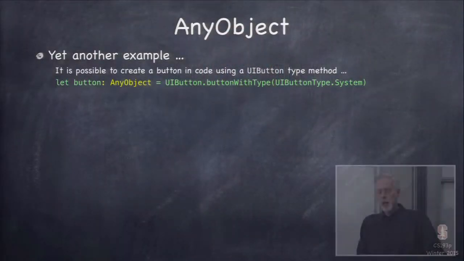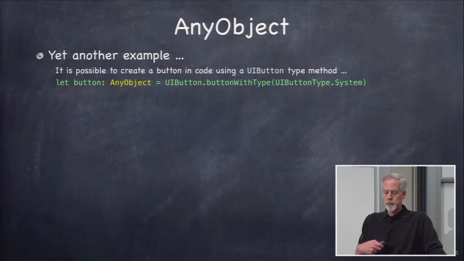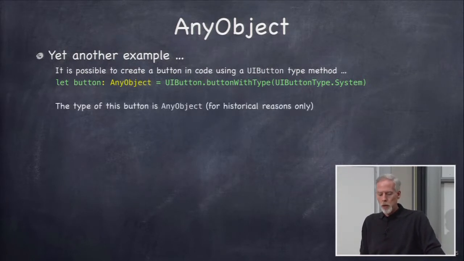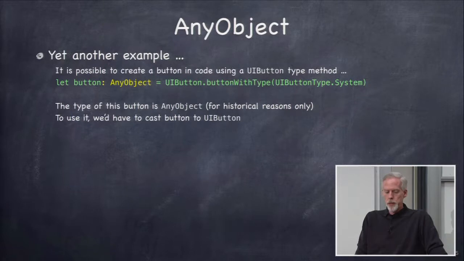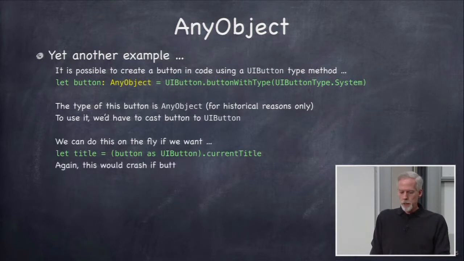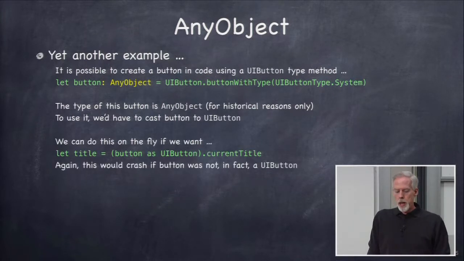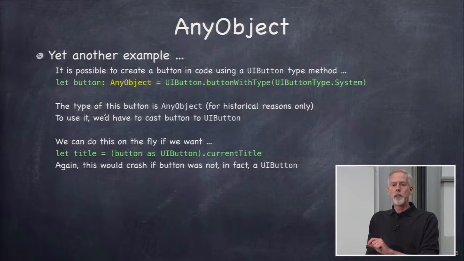So here's one more any object thing. Let's go back to that button thing. So I told you the button with type returns any object, okay? And so if I got a button and I wanted to find out its title or something like that, I have to cast it. So I would call that button with type, and I can cast on the fly, right in line.